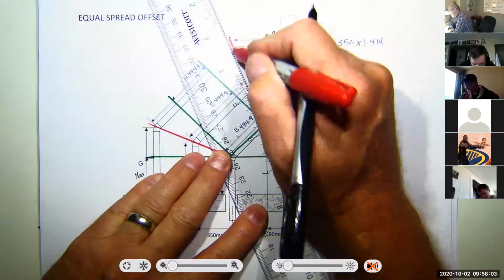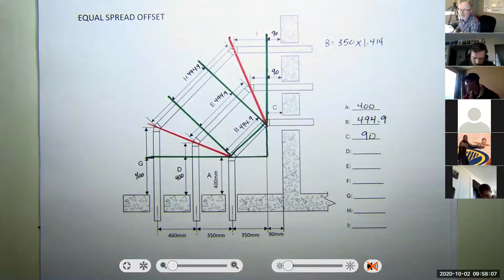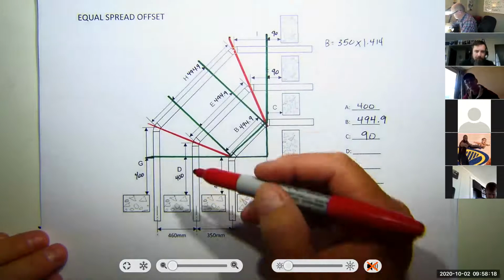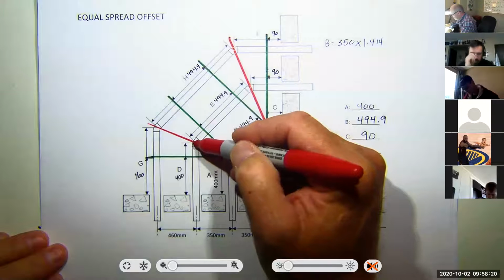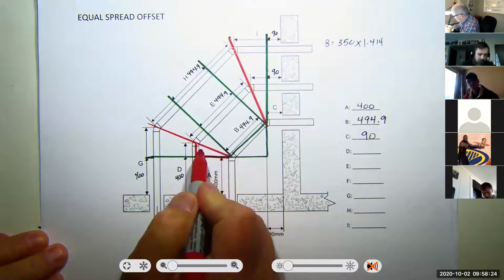As I cut these in half, it makes a 22.5 degree right angle triangle. Now, for this purpose, I'm going to color this in all the way. So here is my first 22.5 degree right angle triangle.